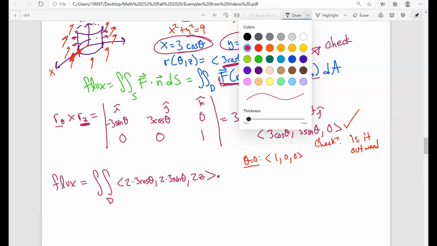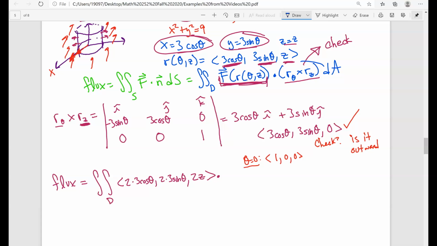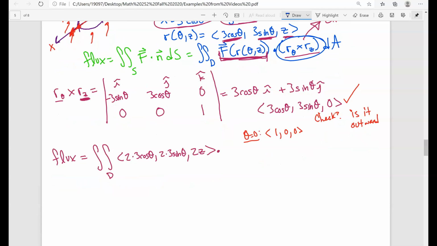And now my other vector, the cross product, I'm going to put in here. My cross product is this vector that I just found, not the checking point: 3 cosine theta, 3 sine theta, and then 0, all over dA.